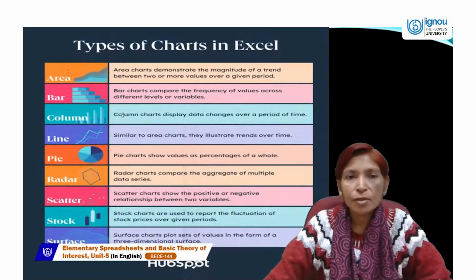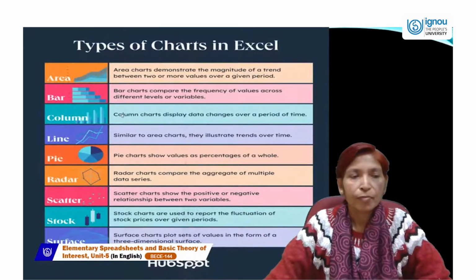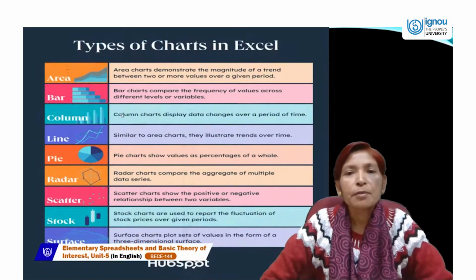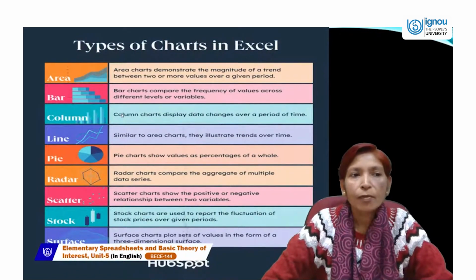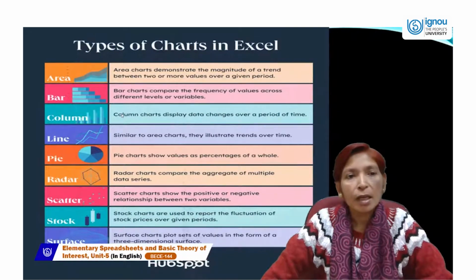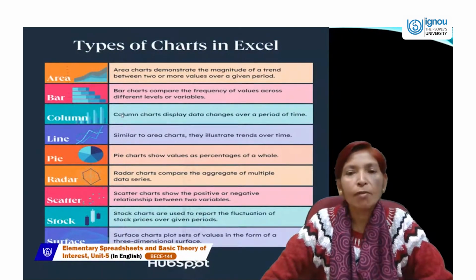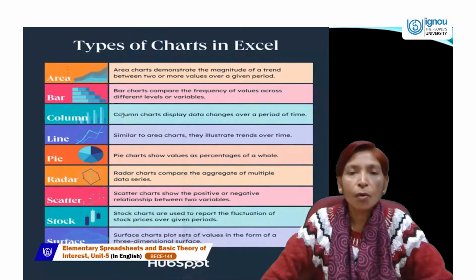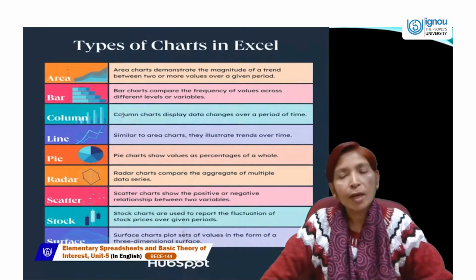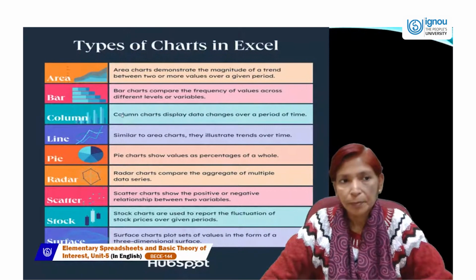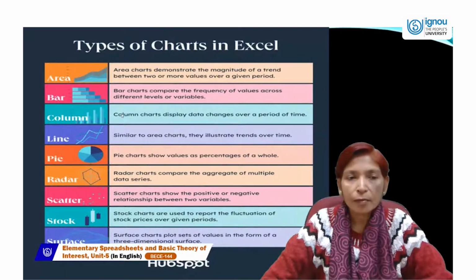Next is types of charts in Excel. There are so many types of charts in Excel. First is area. Area charts demonstrate the magnitude of a trend between two or more values over a given period. Next is bar graph.